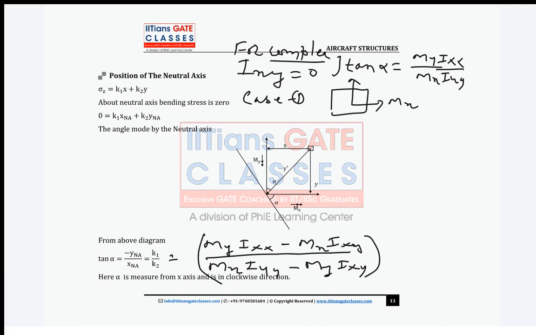So what is tan alpha? 0. So what is alpha? 0. So what is your neutral axis, guys? In simple bending, your x-axis is neutral axis, right?